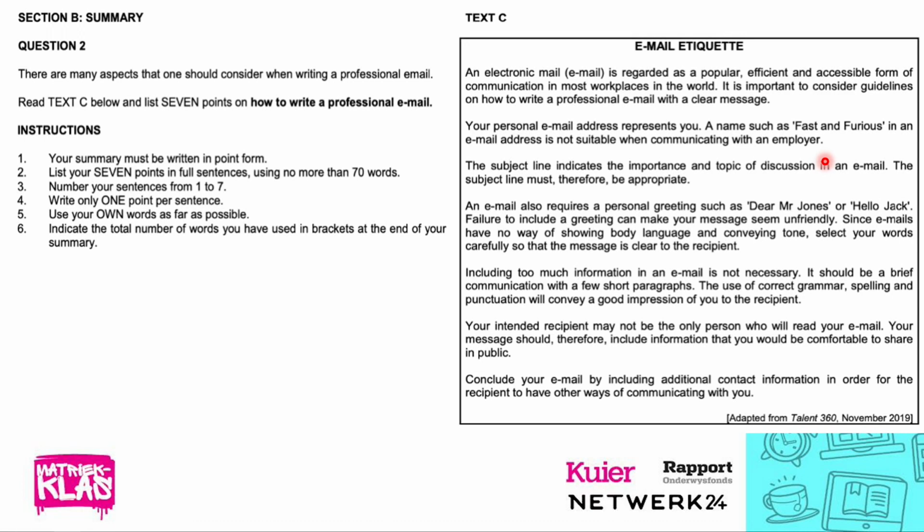So automatically I need to say Fast and Furious as a name for an email address is not appropriate when communicating with anyone. Or I state, when communicating with an employer, Fast and Furious is not, right? It is not an appropriate name.